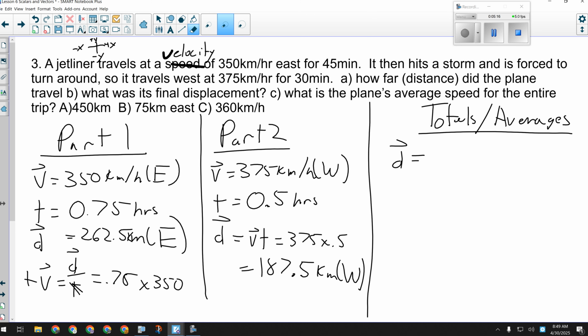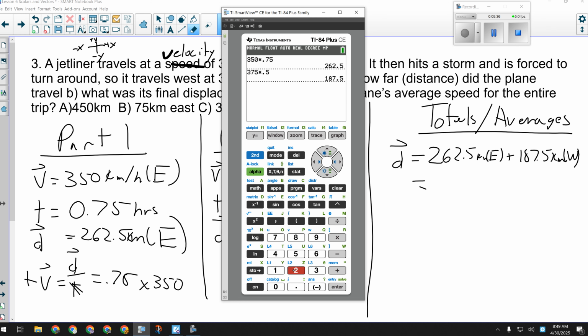All right, so I'm going to write in here my 262.5 kilometers, and that was east, plus 187.5 kilometers west. All right, when I do that in my calculator, that looks like this: 262.5, minus, or I could go plus negative, let's do that, plus negative 187.5.